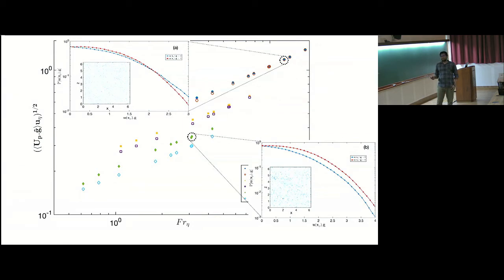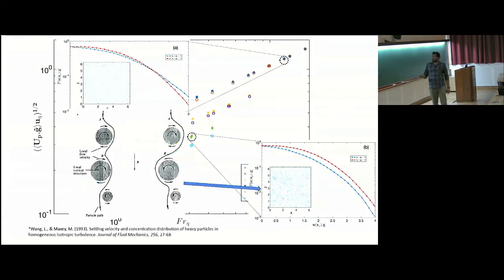Due to preferential sweeping, there is clustering happening in different parts of the flow field. How one can understand this is if you just look at the cartoon here. This clustering is happening because particles prefer to be in the down-moving regions of the eddies. As you can see, as the particle sediments, it mostly wants to be in the down-moving portions rather than the upflowing portion.